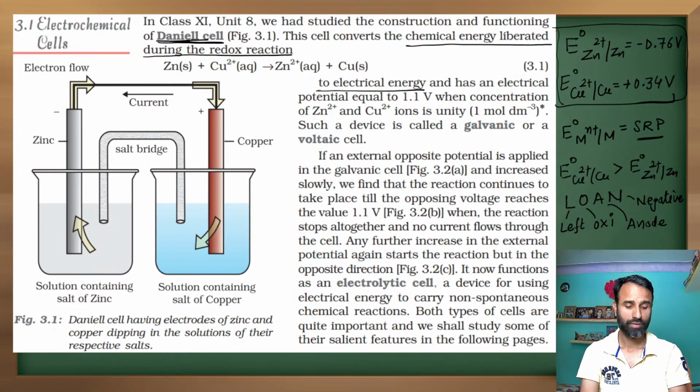The one where oxidation takes place is on the left side, and the other one where reduction takes place should be on the right side. So out of copper and zinc, the reduction potential of zinc is less, and so zinc acts as the anode where oxidation takes place, and that should be on the left side, and it will get the negative sign.